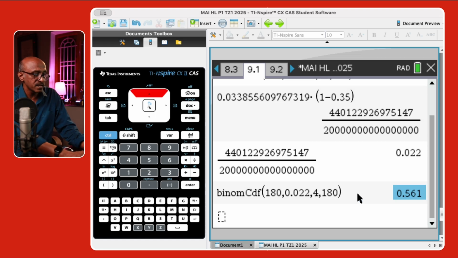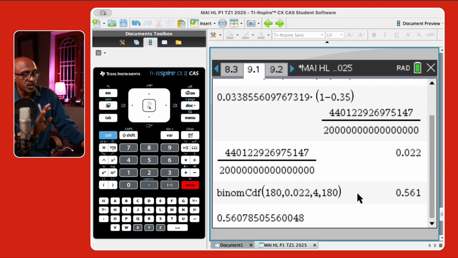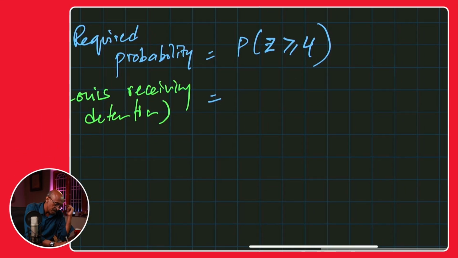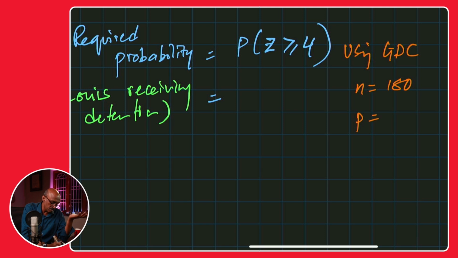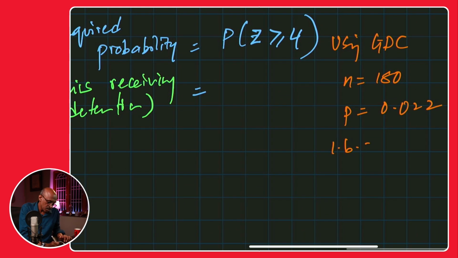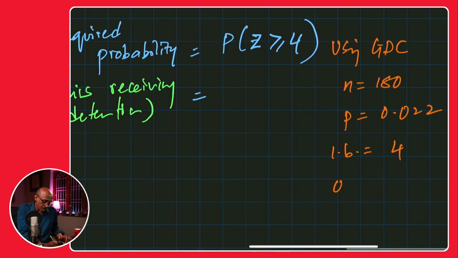Let me check that with 3SF. It is 0.561. Okay, so I'm going to come back to my working here, and we can say that using GDC, N is 180, P is 0.022, the lower bound is 4, and the upper bound is 180.